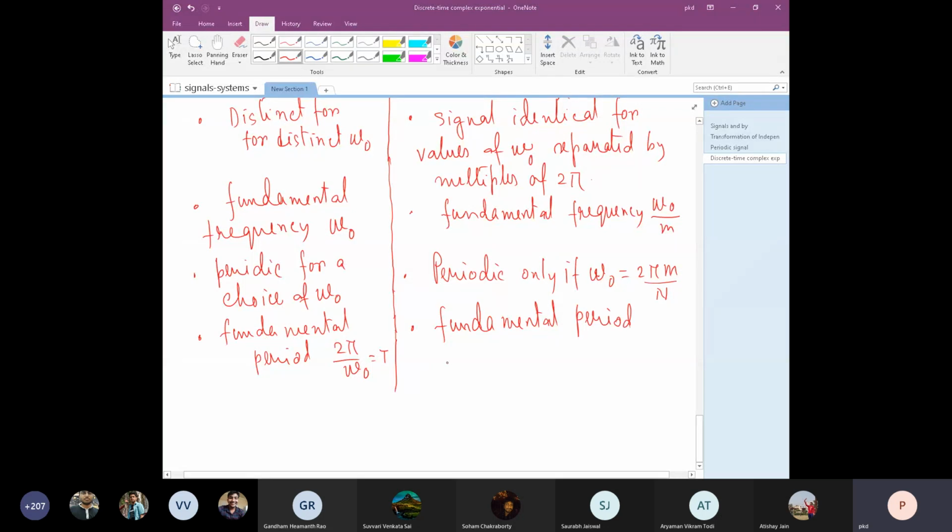Fundamental period is m into twice pi by omega naught. In both cases, of course, omega naught is not equal to 0.